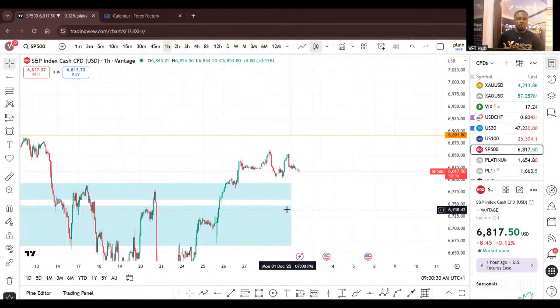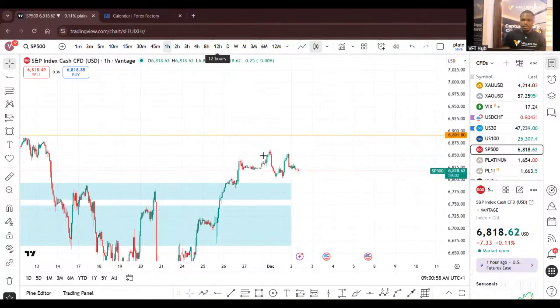Because we have a very active setup playing out already on US 30, and we can use that to take trades on US 100 if we see opportunities, because they are heavily correlated. So even if we see a buy or sell opportunity on US 30, you can just divide the risk and take some part on US 100, because they will still move in tandem, right? They move together.